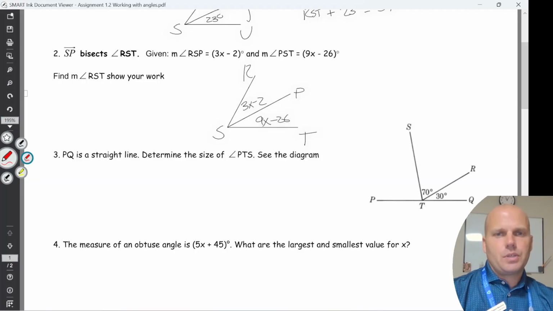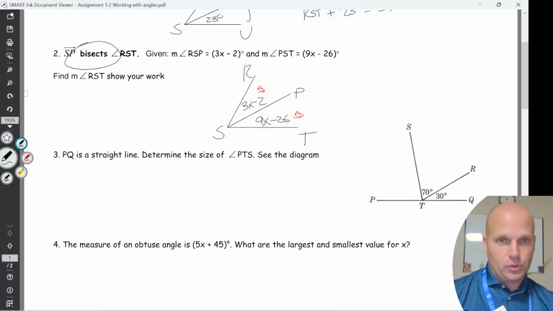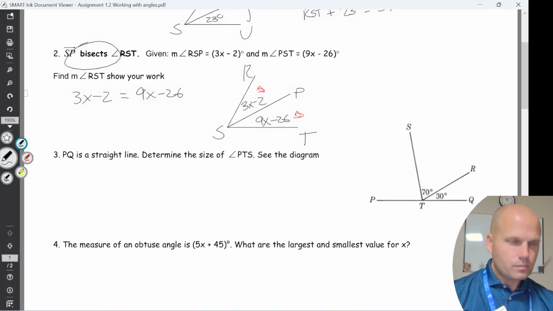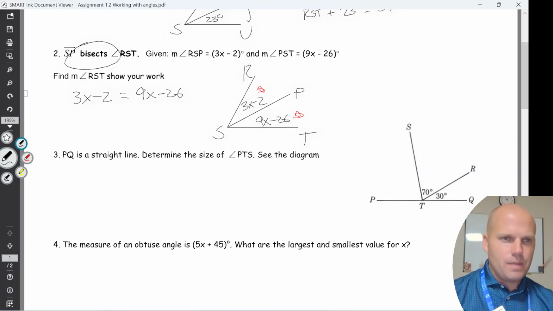Well, we realize we split this in half. We have RSP, which must be the same as PST. They must be equal to each other since we have the word bisects. Bisects means split equally, which means this RSP amount of 3x minus 2 must equal the PST amount of 9x minus 26. I can combine the x's, subtract 3x from both sides.